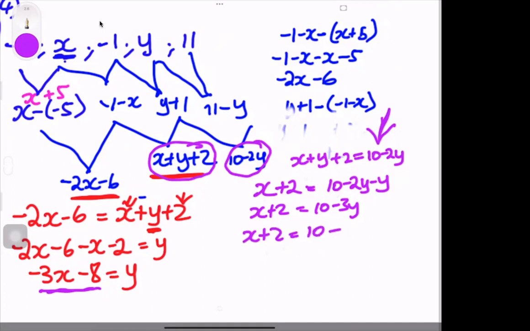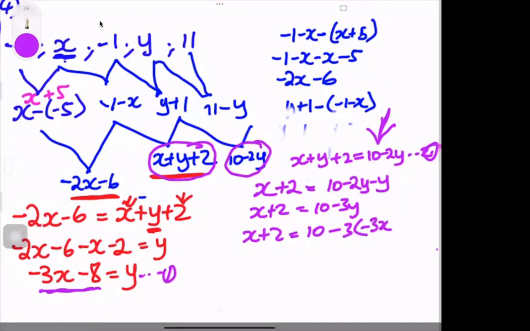So where there's y, there's going to be negative 3x minus 8. And because you are fine with your simultaneous equation, you are going to be fine with your algebra here as well. X plus 2 is equal to 10 plus 9x plus 24, right?